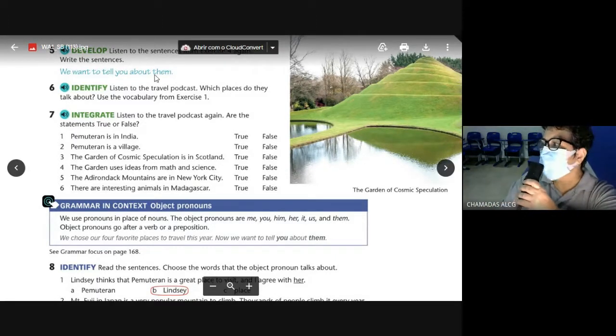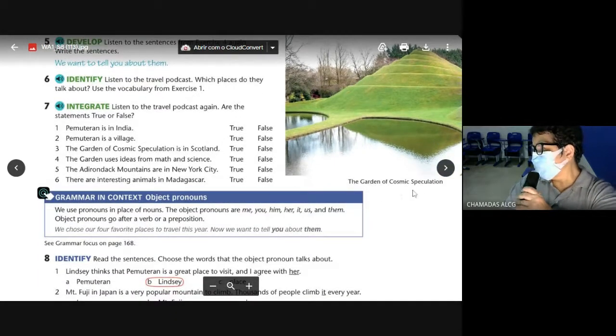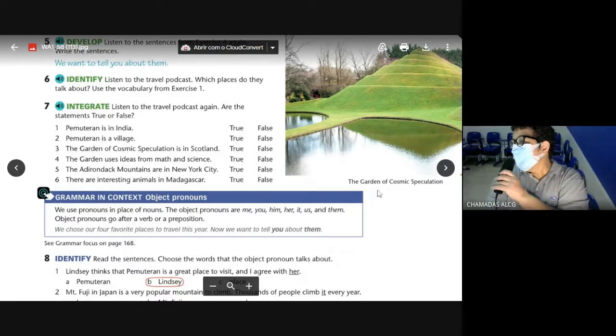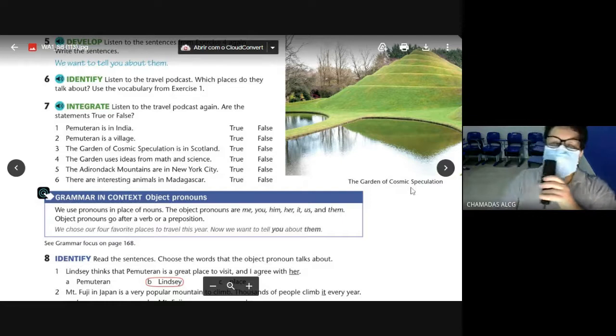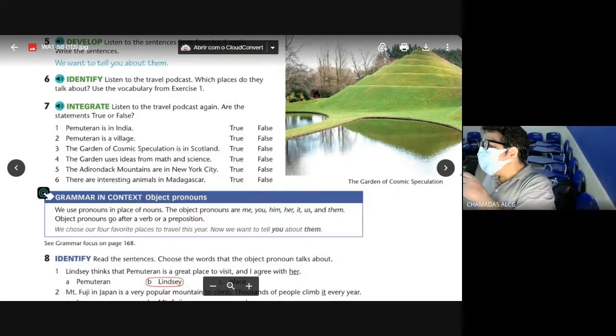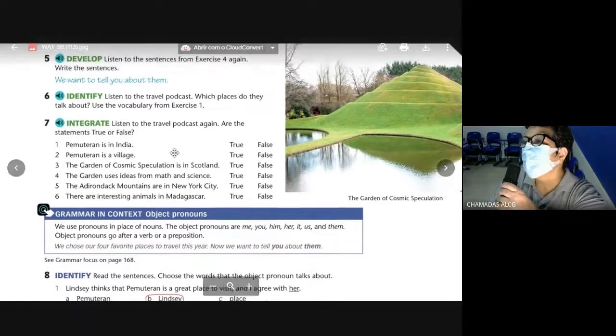So here in this exercise, we have some questions and there is a picture. Okay. So what picture is this? Look at the name of this garden. The Garden of Cosmic Speculation. It seems to be really interesting, doesn't it? So let's take a look here.